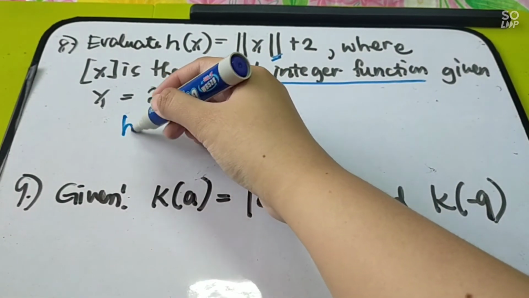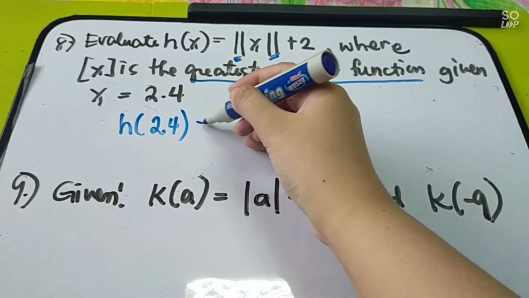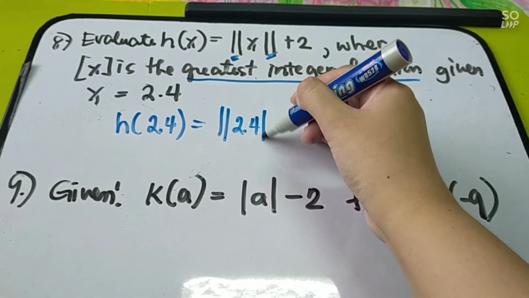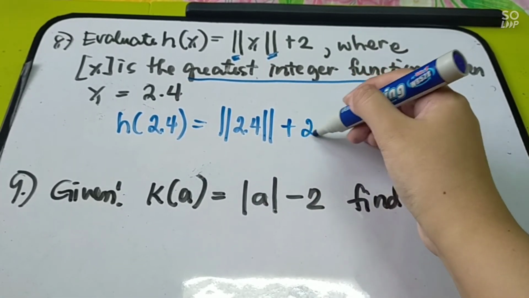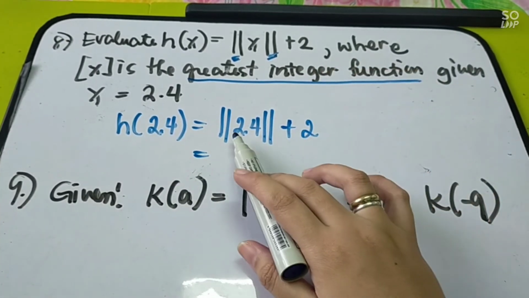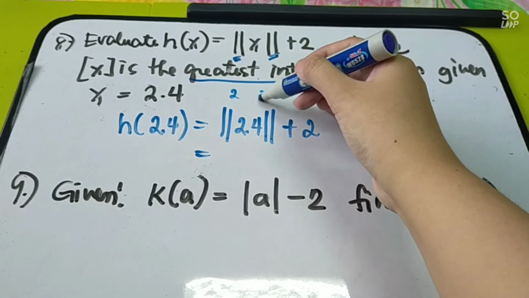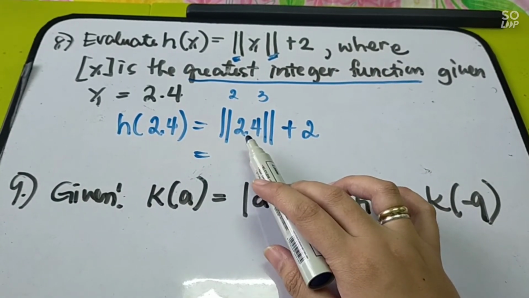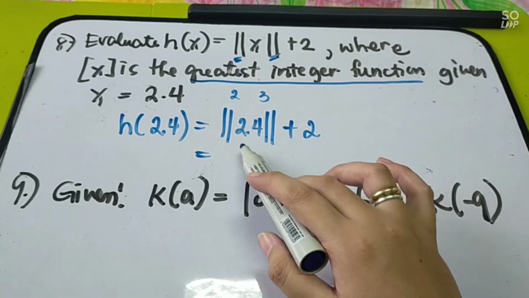For example, this one. So, you have here h of 2.4, yung x mo magiging 2.4, is equal to the greatest integer of 2.4 plus 2. So, si 2.4 ay nakapagitna kay 2 at saka kay 3. Ngayon, ano yung pinakamalapit na integer kay 2.4?